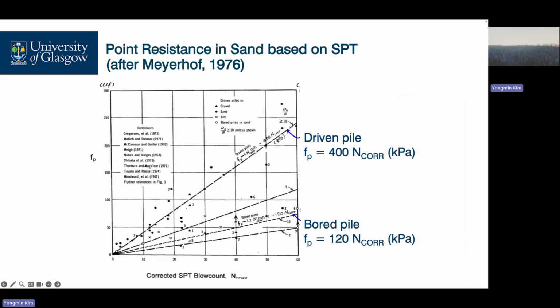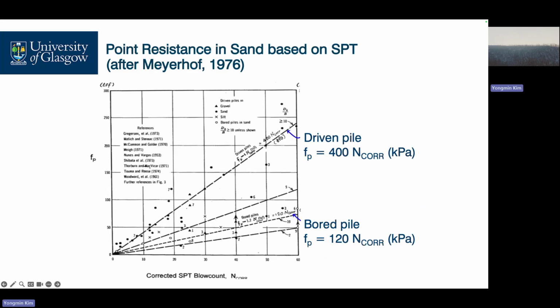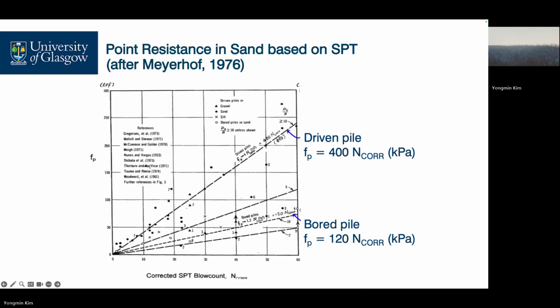And also after Meyerhof, there is a certain empirical chart for driven and bored piles. For the previous one, it is point resistance and side resistance, shaft resistance, for driven and bored piles. Here's still the 400, 120.